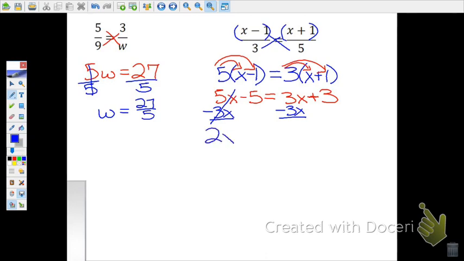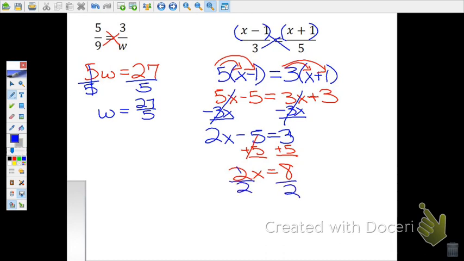That would be 2x minus 5 equals 3. What's my next step? I'm going to add 5 to both sides. 2x equals 8. Last step. Divide by 2. X equals 4.